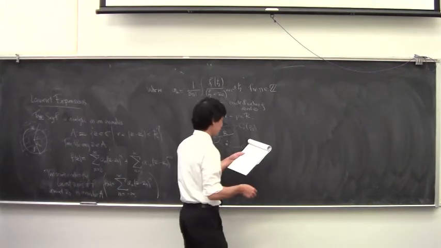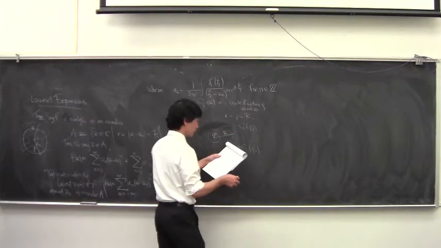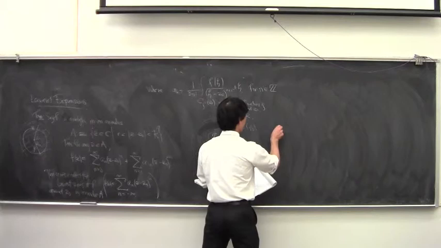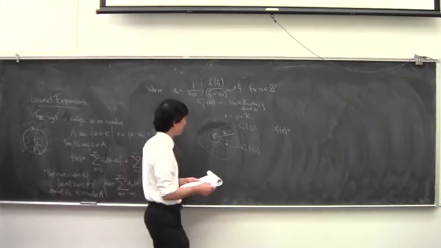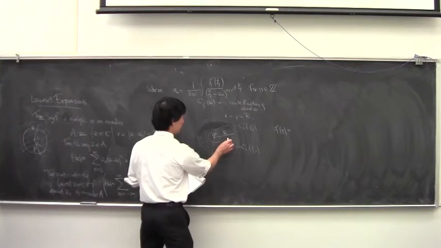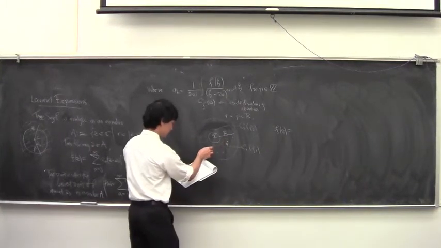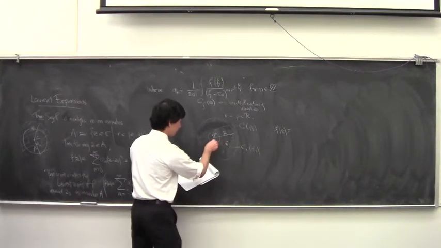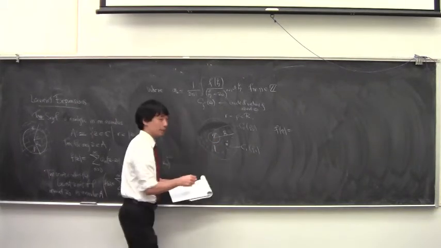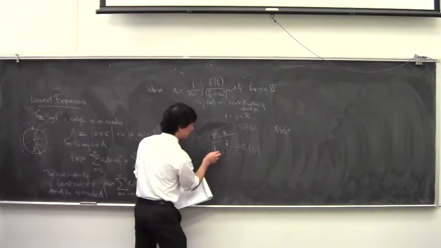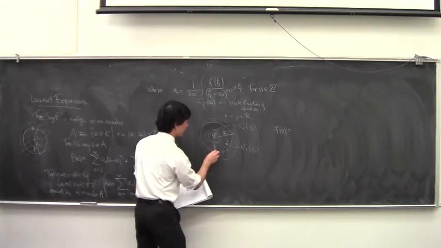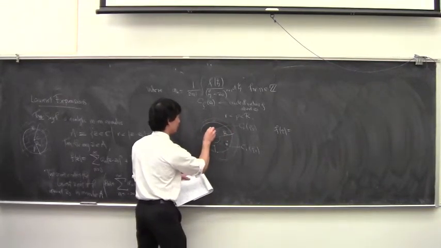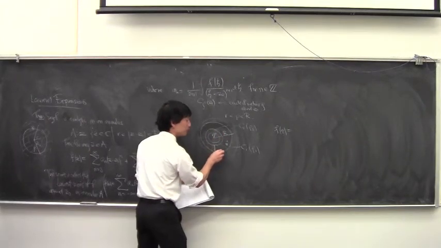Then you use Cauchy's integral formula, and you say, well, my z lies inside here, and what I'm going to do is make a cut here, and consider the integral over this path this way, and like this.